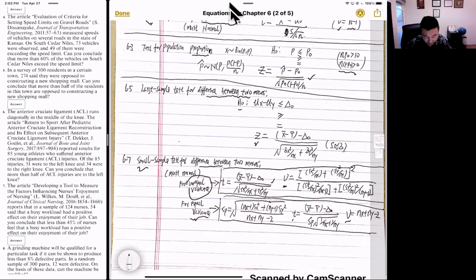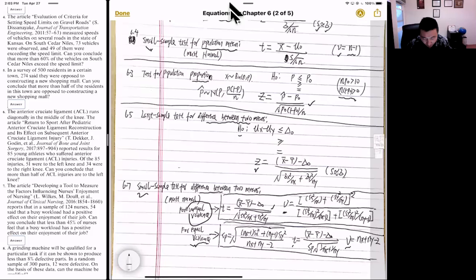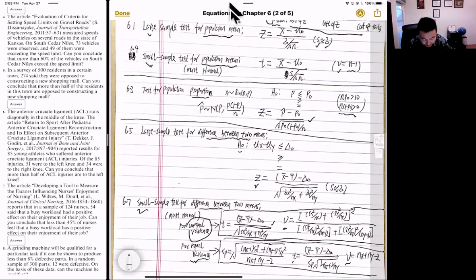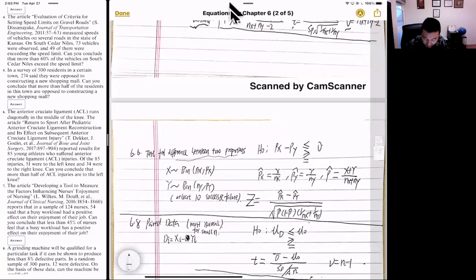And this is number 5. The next one is the test for difference between 2 proportions. Again, depending on how h0 is set up, we calculate the z-score, and here are the conditions: at least 10 successes and 10 failures.